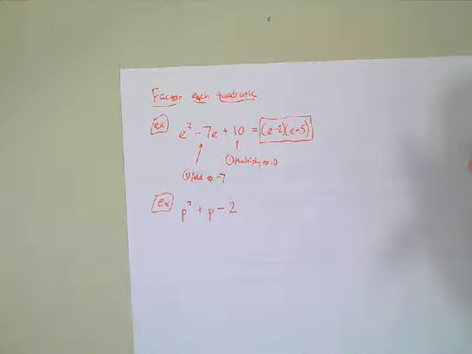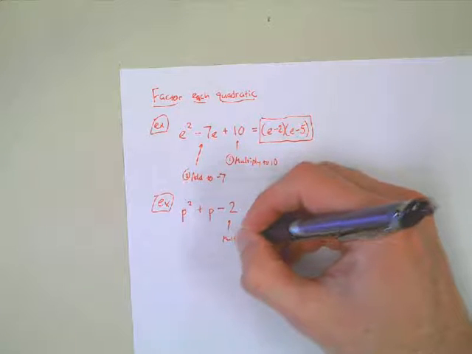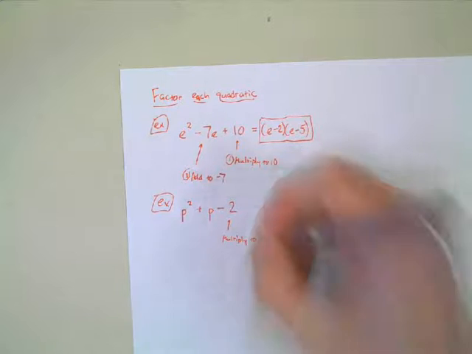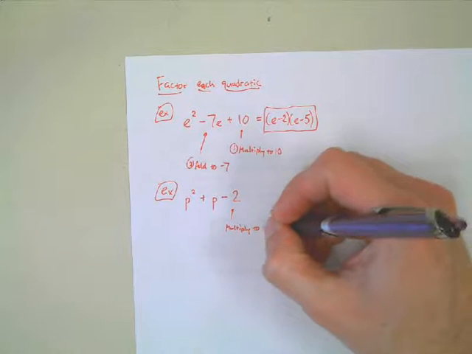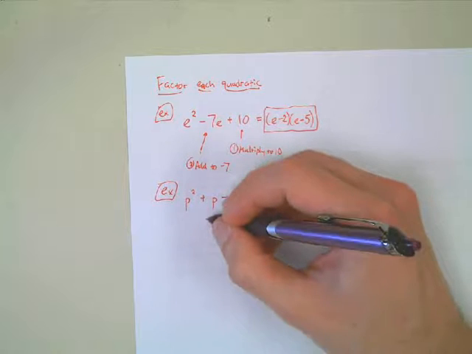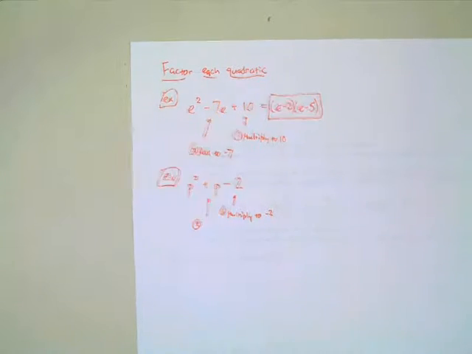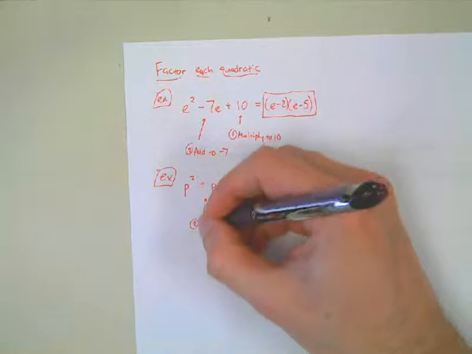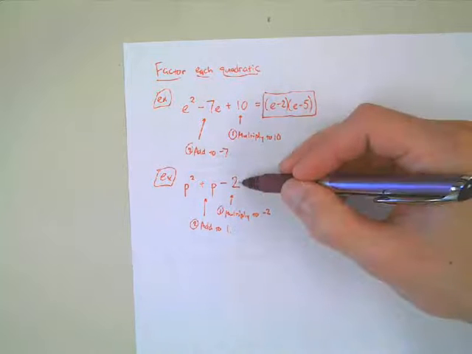Okay, so in this case we want to multiply to make negative 2, and then we want to add to make what number? 1, right? There's a 1 in front of that P. So add to 1. So let's take that negative 2 there and come up with two options.